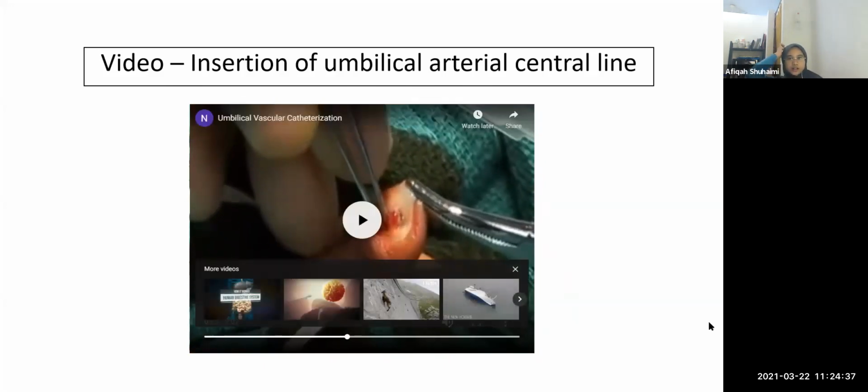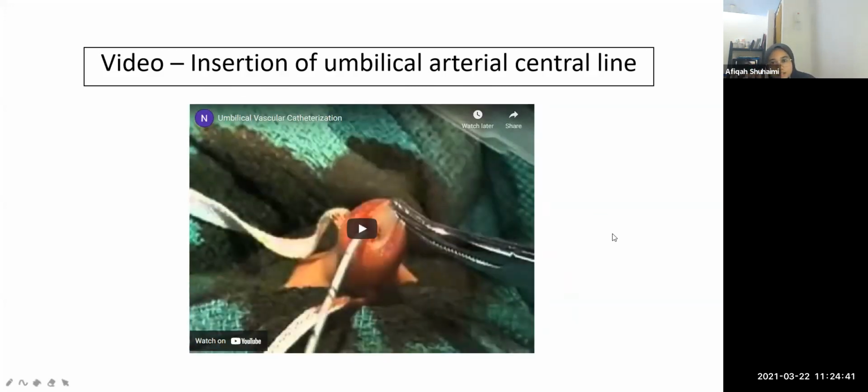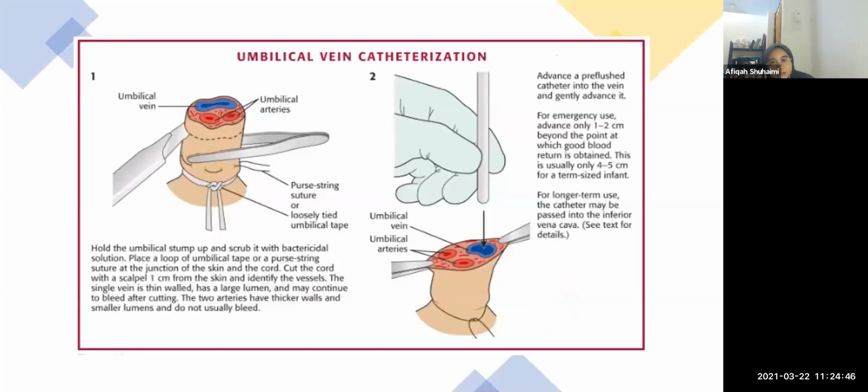In the video we can see the insertion of an umbilical arterial central line. Step by step, hold the umbilical stump up and clean it with bactericidal chlorhexidine, and then place a loop of umbilical tape at the base, an umbilical string, loosely tied.